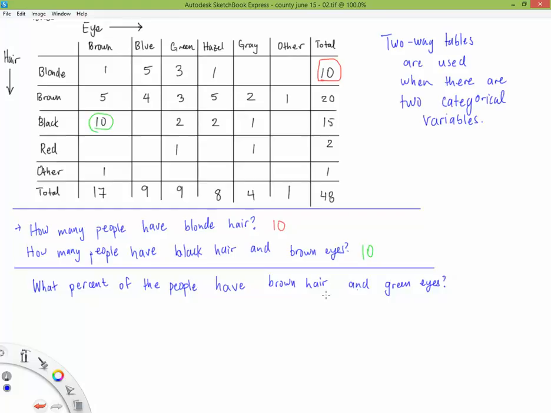Okay. And another question that's similar but different. What percent of the brown-haired people, or what percent of people with brown hair also have green eyes?